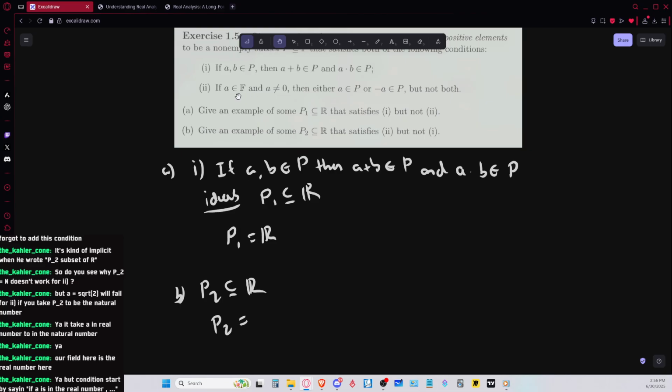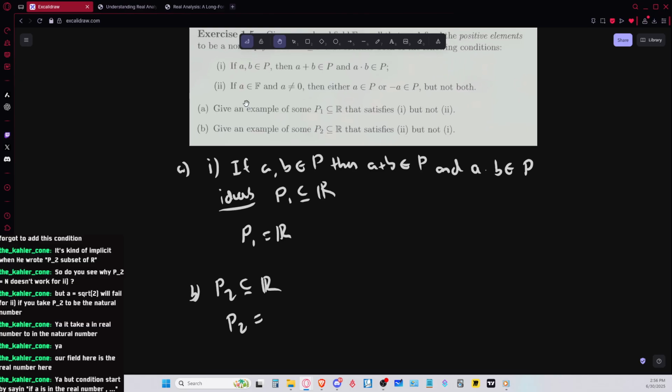But it's also an element of F, aka the real numbers. So I think that's where I'm getting confused, because is it supposed to be part of F or is it supposed to be part of P? That's the one thing that I'm getting really confused about.